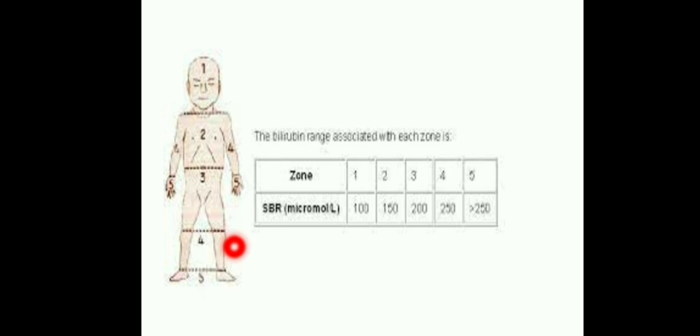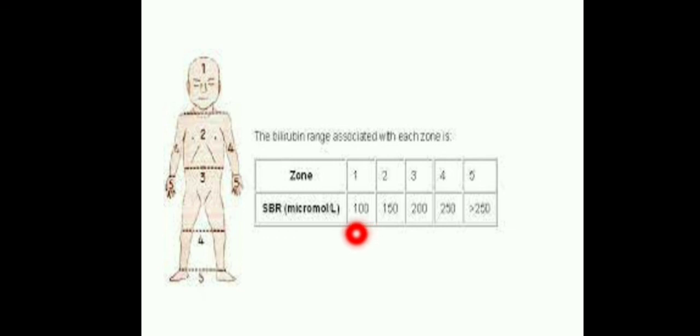So according to the zones, if the baby has only face discoloration, it indicates zone 1. At that time the serum bilirubin level is 100 micromoles per liter.